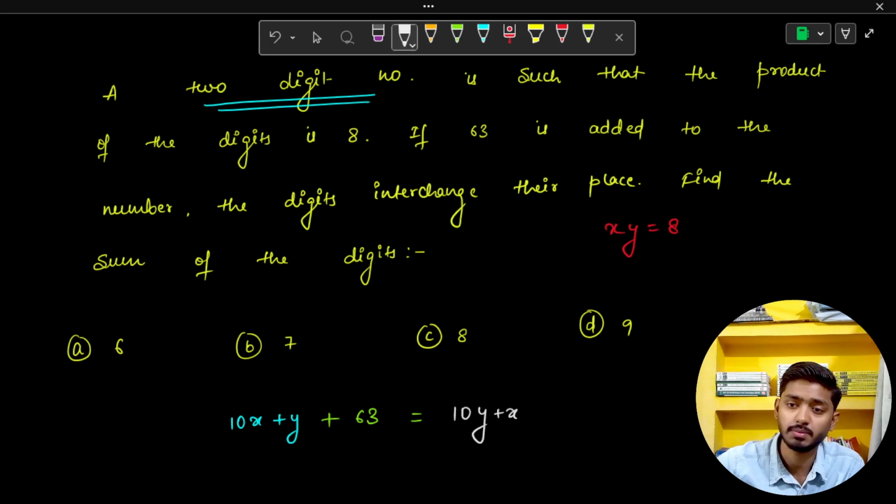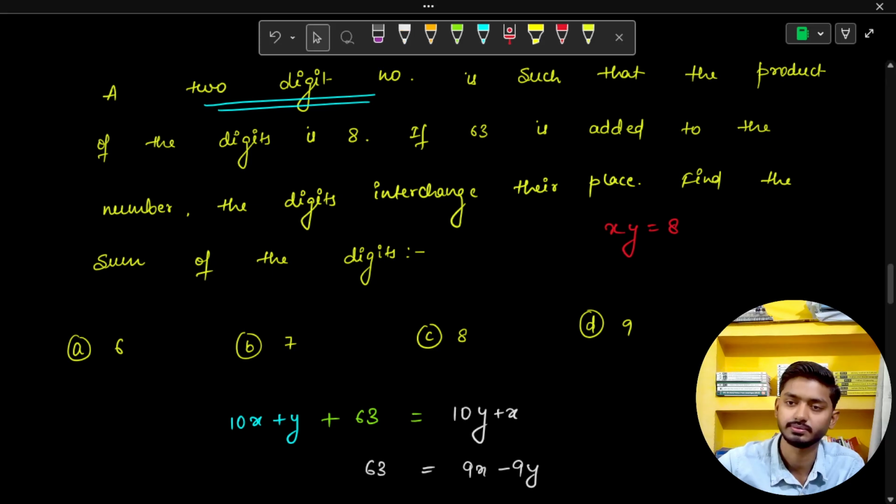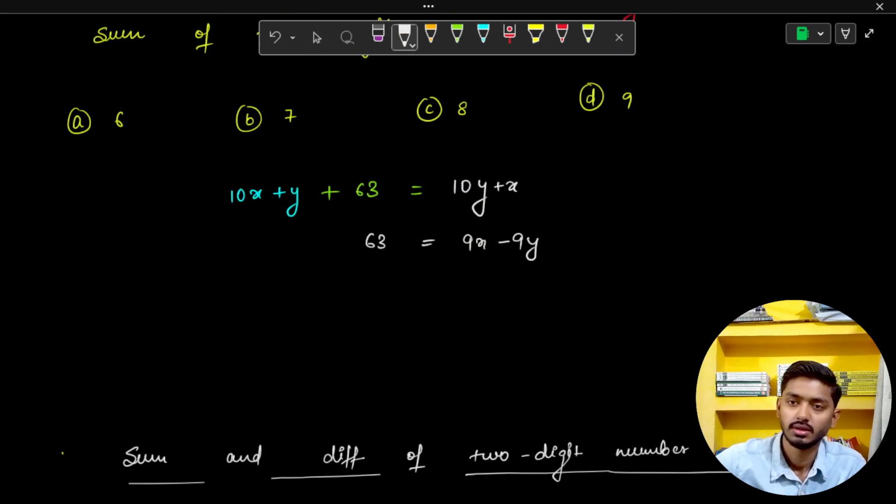We have learned that if the number is 10x plus y, on interchanging the digits, it becomes 10y plus x. If we solve this, we get 9x minus 9y equals 63. Let's take 9 common.